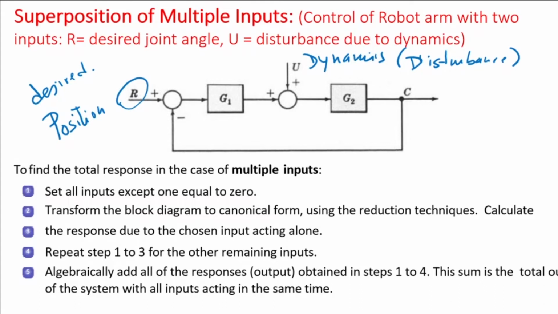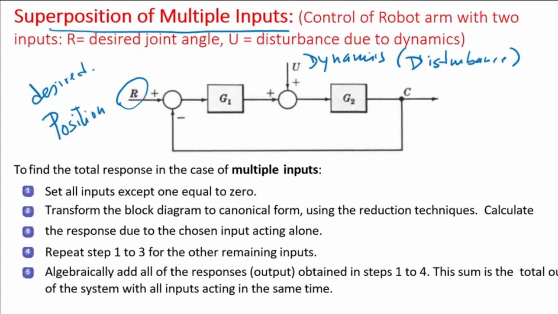Which is slightly different from the previous one we were looking at, which was only a single input and a single output. Now how do we solve this? How do we combine the block diagram in such cases? In such cases we simply use the principle of superposition, which says that at any point you take one of the inputs and consider its effect, considering the other one to be 0.